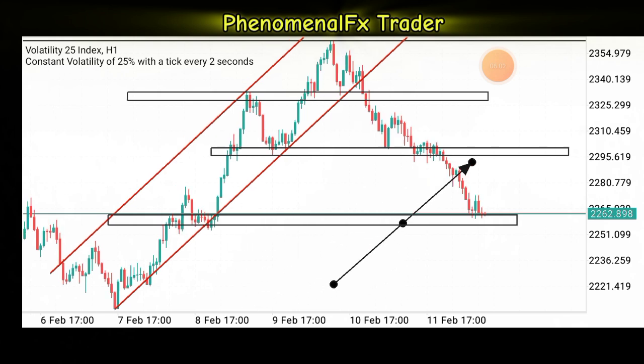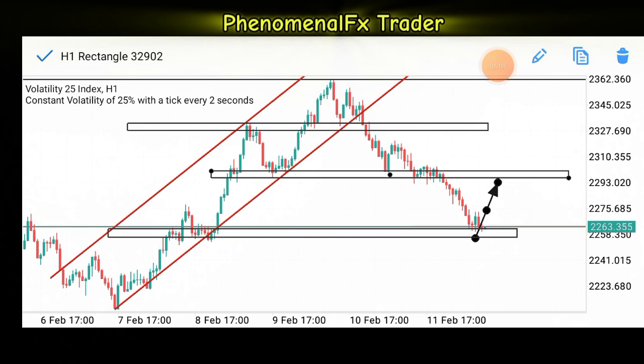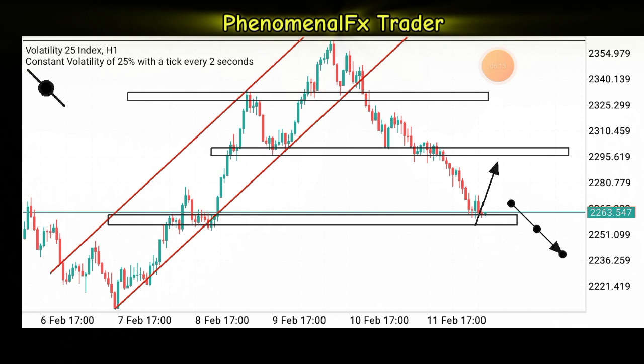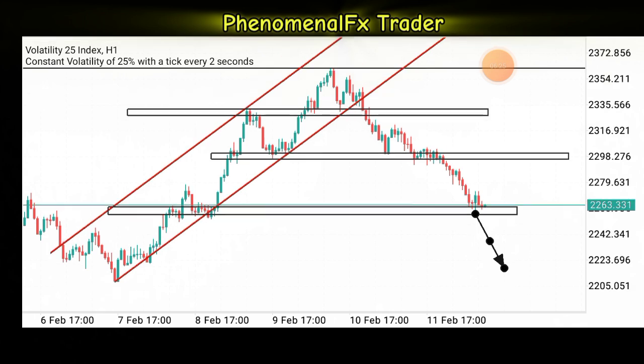All right, so we expect the market to either buy to this same zone, then sell nicely. Like we want to see something like this. Either the market does something like this, or the market will just break below this zone and continue selling. Then this time around, we would be targeting somewhere around here.